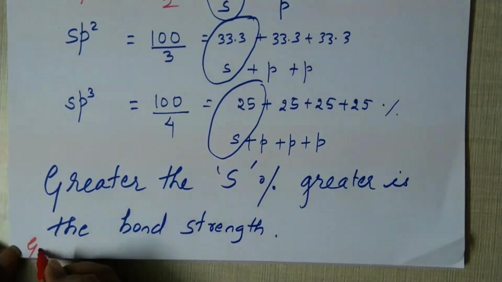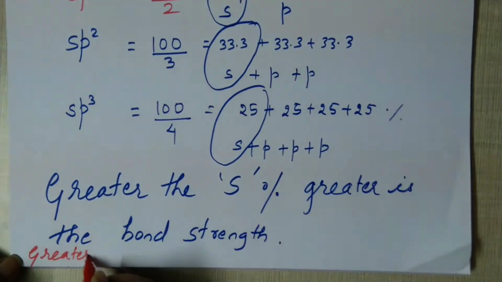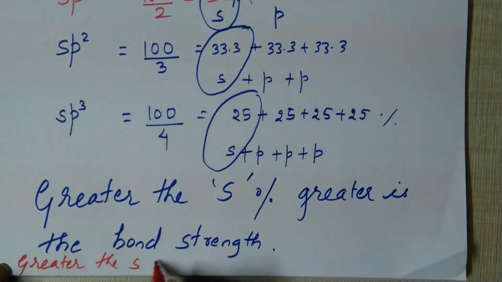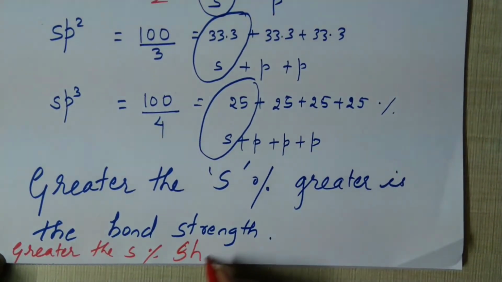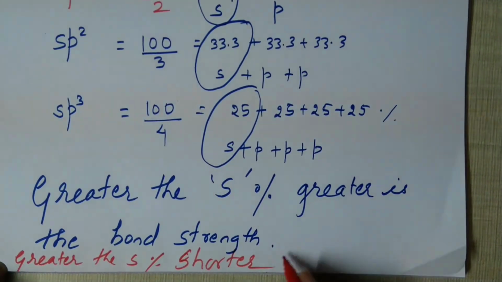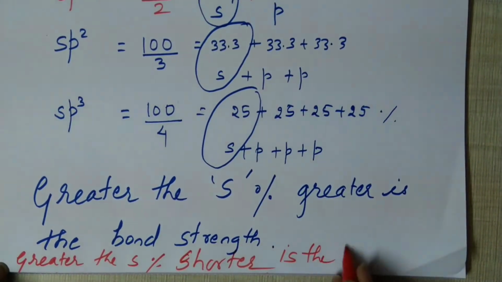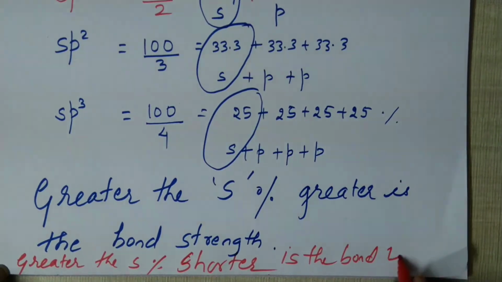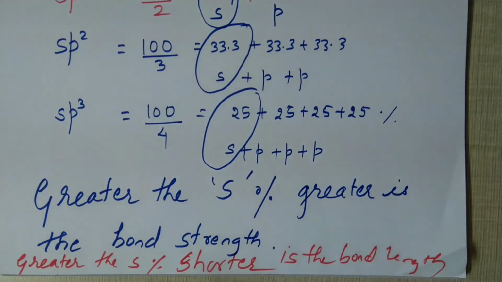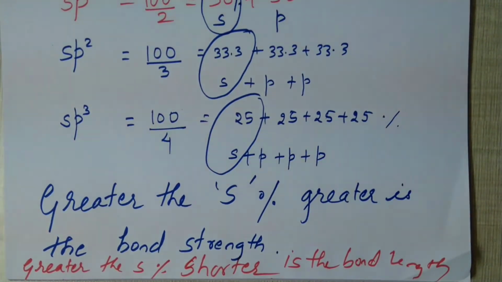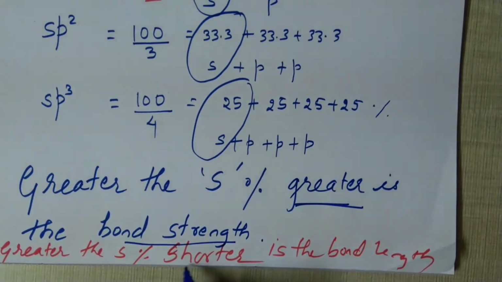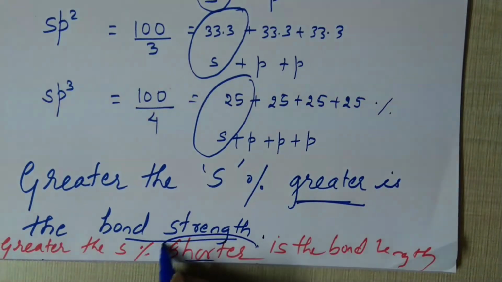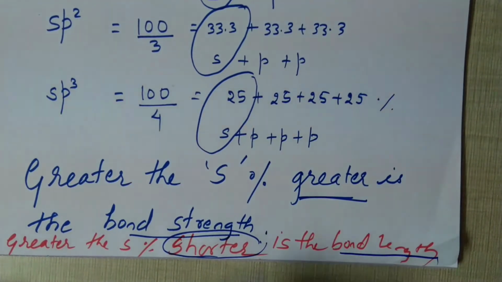Greater the S character, S percentage or S character, shorter is the bond length. So greater the S character, greater is the bond strength, and shorter is the bond length.